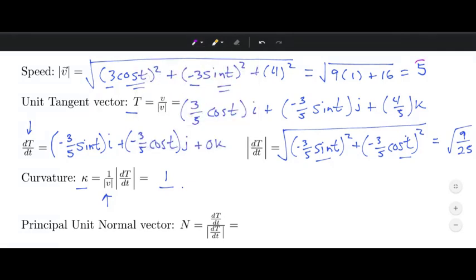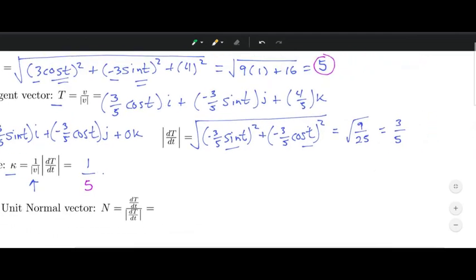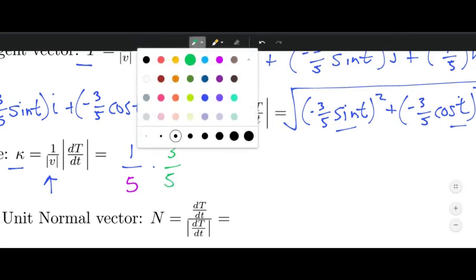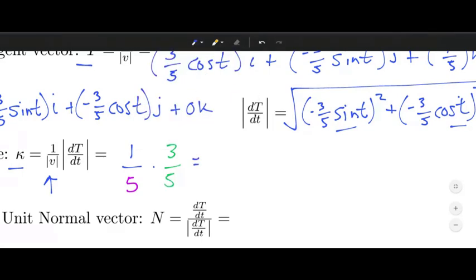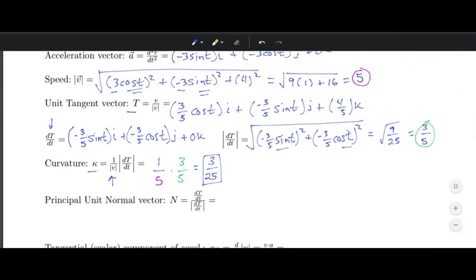The magnitude of velocity was 5, so 1 over 5, times the magnitude of the derivative of T, which was 3/5. So our curvature is just going to be 3/25. And remember, with curvature, a larger value means that your curve is turning more sharply, and a lower curvature value means it's more of a gradual turning or bending.